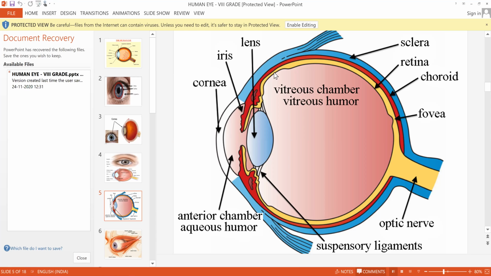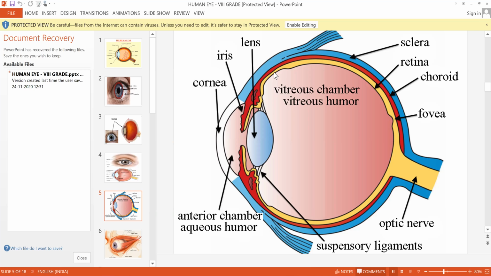Is it clear, everybody? What are the two functions of the choroid now? It prevents reflection of light within the eyeball, and it removes waste products from our eyes. It supplies nutrients to all the cells. One more important point is that it's pigmented, so it appears black.